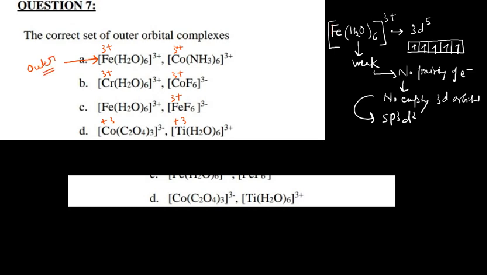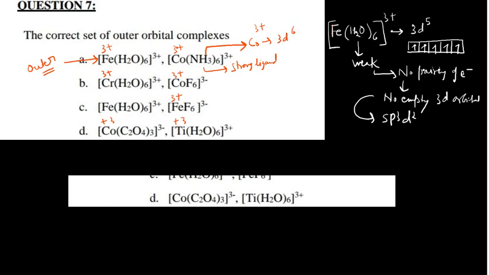Now if you want to solve for this one, here I am giving you a very important trick. Cobalt in +3 oxidation state. In that case ammonia would be the strong ligand, and cobalt 3 positive is a 3d6 system.